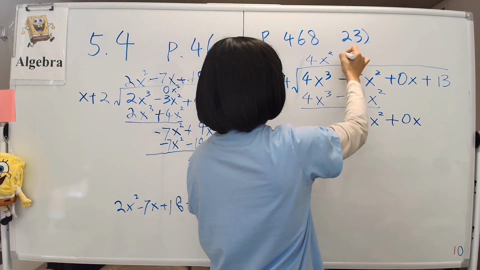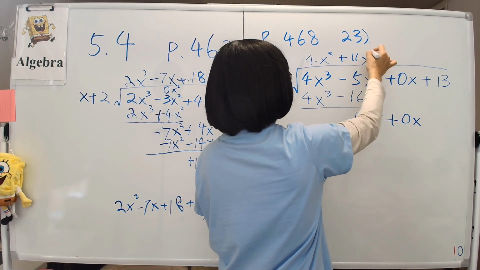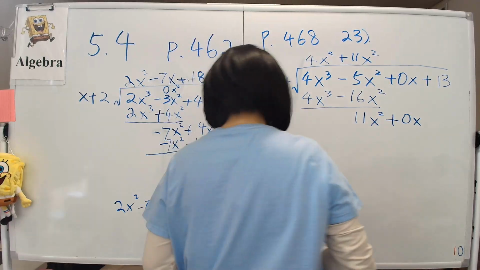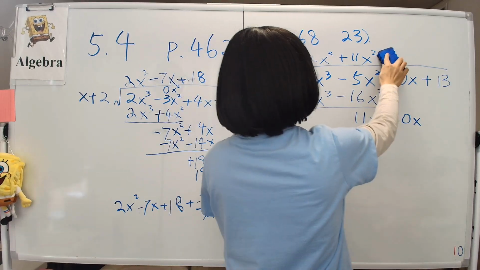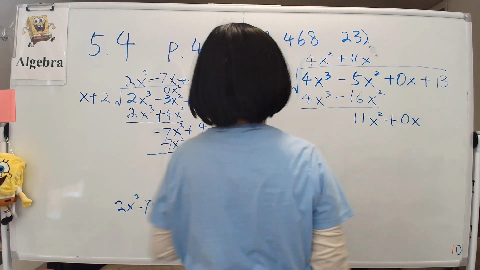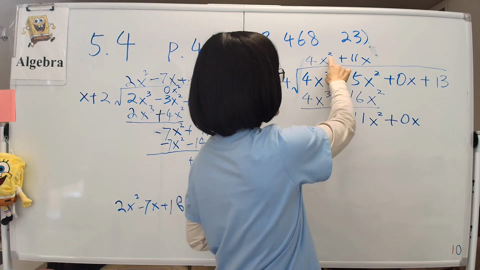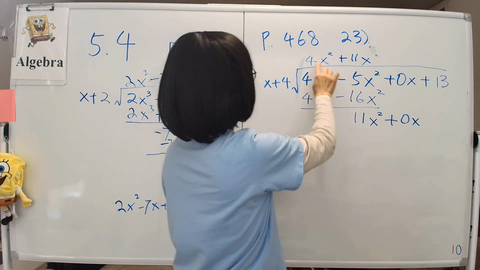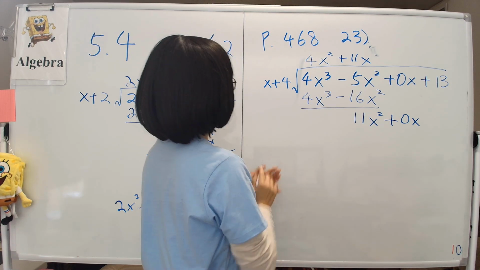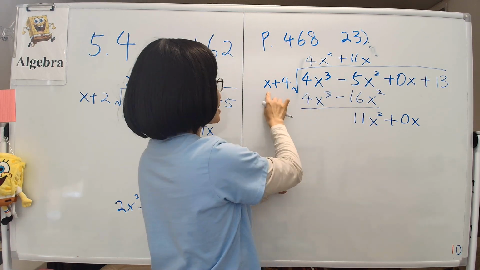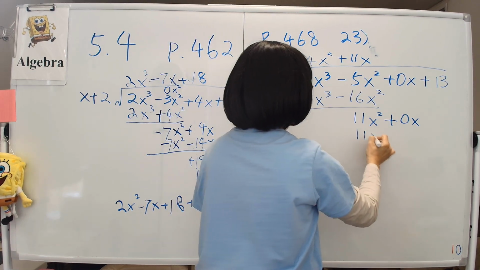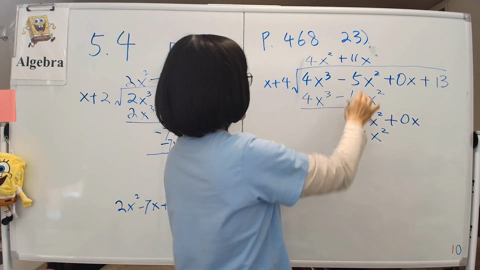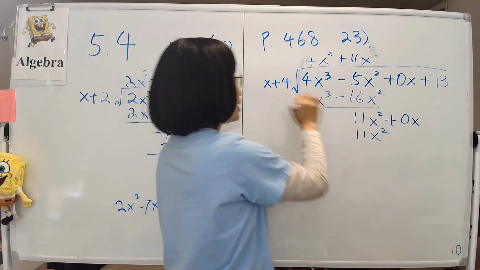That would be 11x times, sorry, 11x, because x squared will make it too much. Just x. Also, this term goes down one at a time. If it doesn't, there's a mistake. So 11x times x here will give you exactly 11x squared. It better be. And then 11x times 4 is 44.